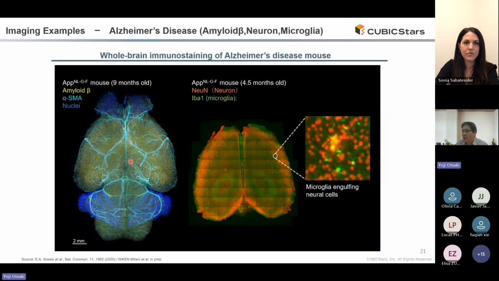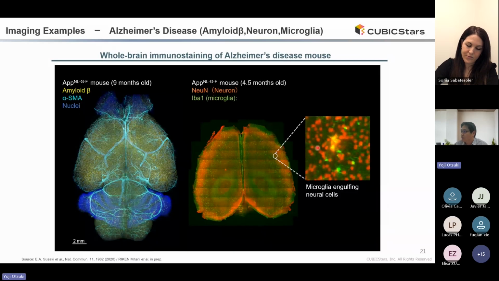And the other important and good thing about using such 3D imaging technology is that it is very good at identifying the rare biochemical and cellular activities inside the whole entire organs. So in this case, the researchers identified the neurons that are engulfed by the activated microglia.